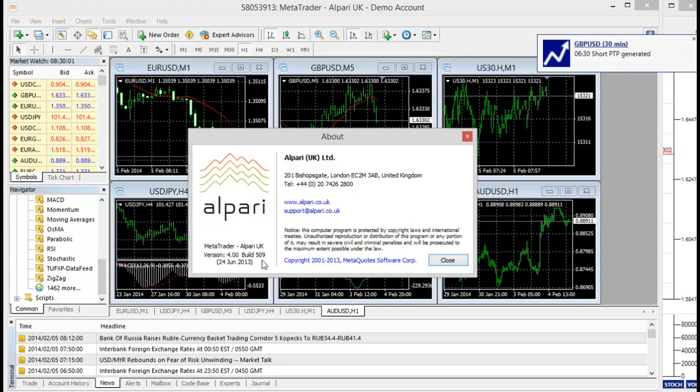So if you've not closed your MT4 platform, then everything will work fine. If you have, and it automatically updates, whether it's Alpari, GKFX, IG Index, ETX, it doesn't matter who the MT4 is provided by.